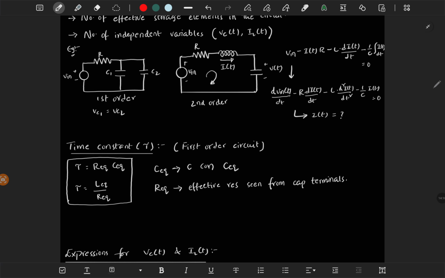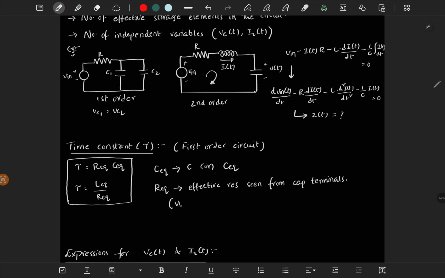It means we have to replace all the independent sources with 0.